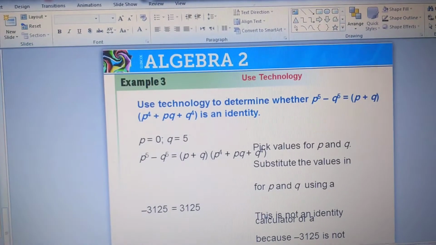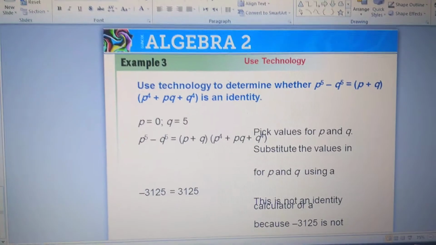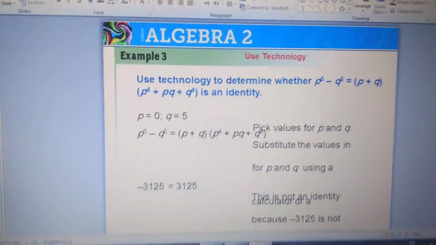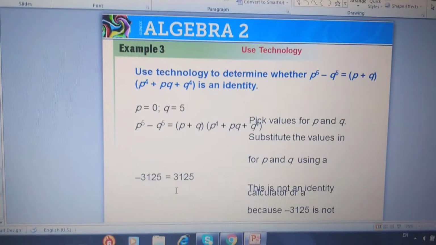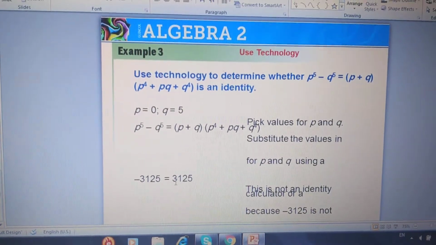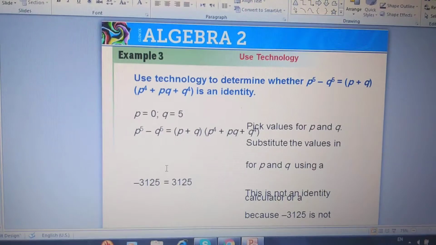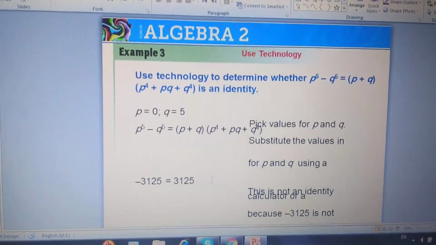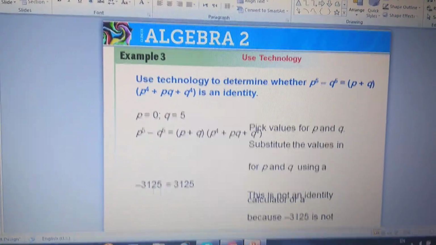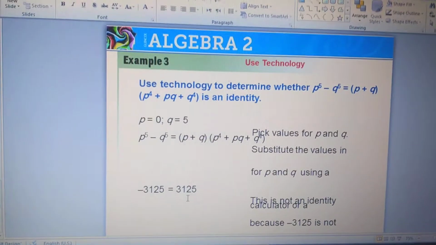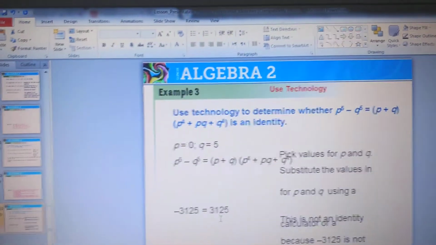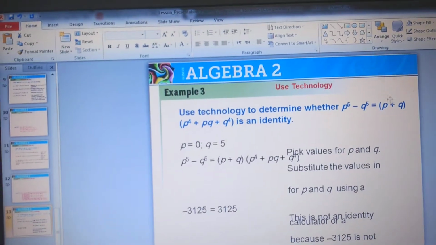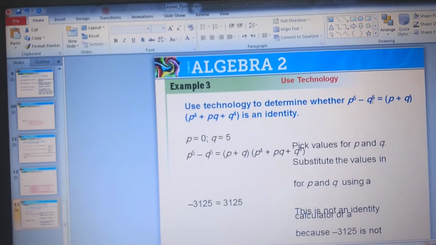After I substitute, you see I get negative 3125 equals 3125. Of course, this equality is wrong, because this is negative and this is positive, they are not equal. Therefore, this is not an identity.